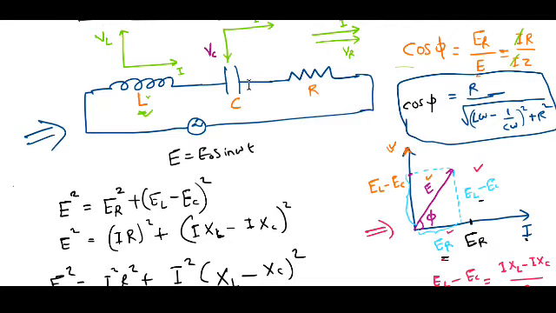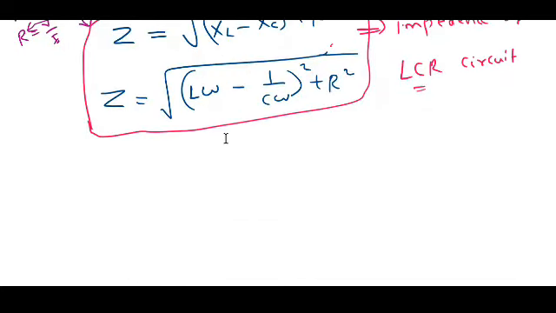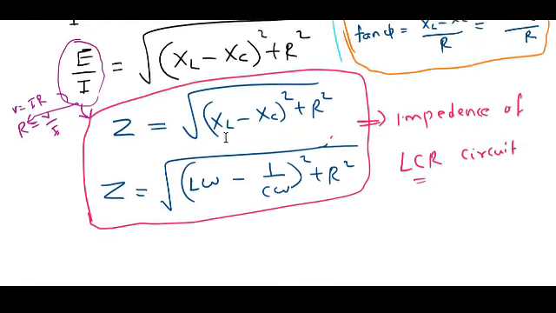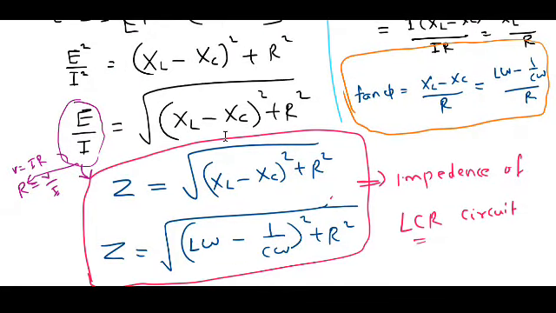Fine. These equations are quite important because in competitive examinations a lot of questions have been asked so far. Now let us come back to this tan phi once again.